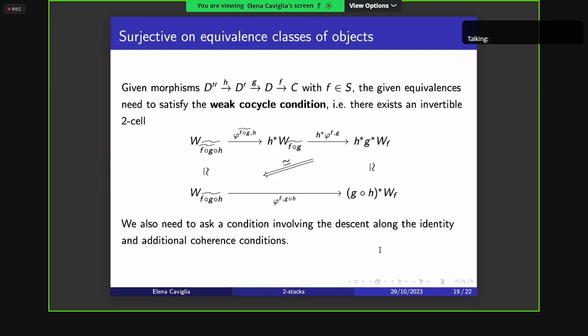So it's a new thing. Moreover, the same pseudofunctoriality gives also a condition that involves the descent along the identity and some additional coherence conditions.